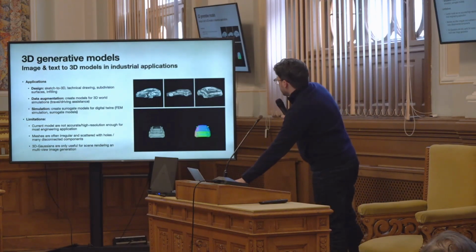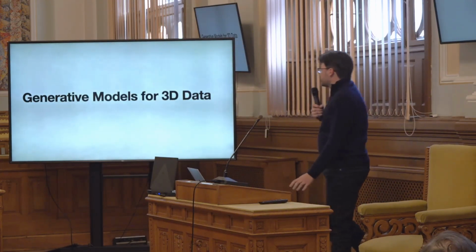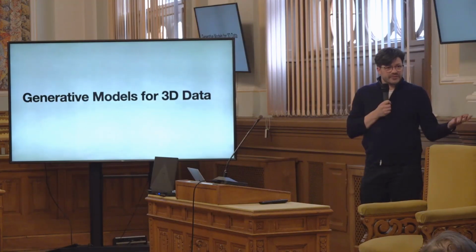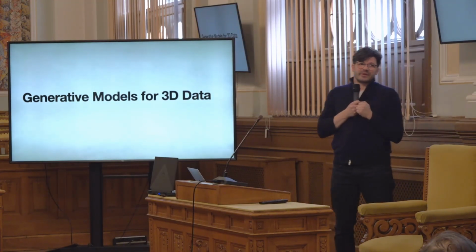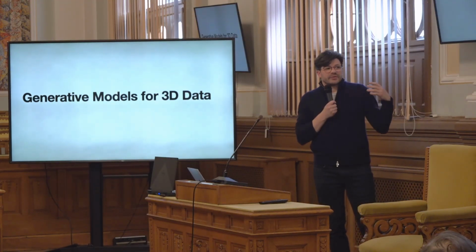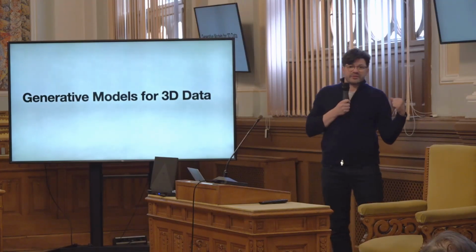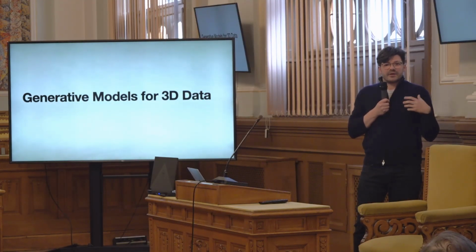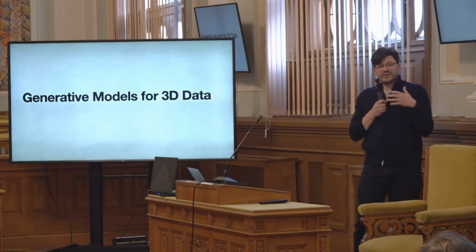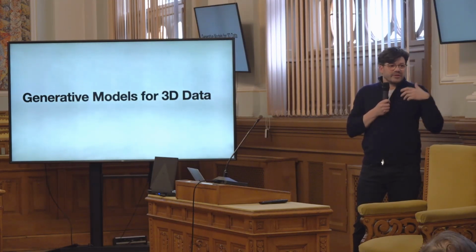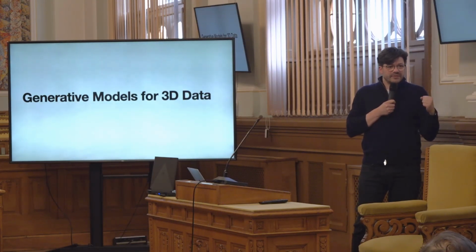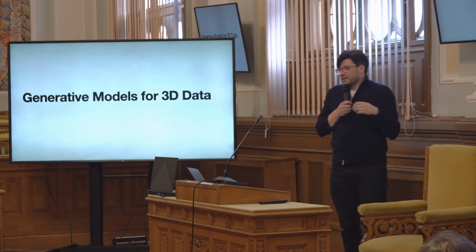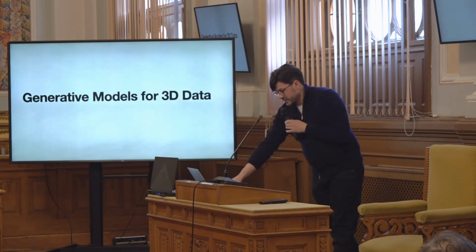So, good. The question is, how do we generate data? The two things that we are looking at are how to generate data from images and how to generate data from text, and possibly how we can generate something and then reactively manipulate it, say, I want to change something on this model, and so on. So let's jump into this.